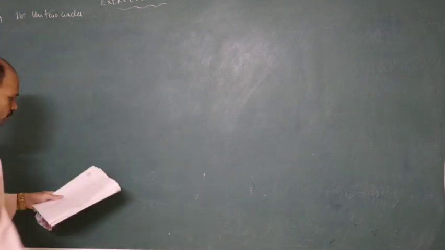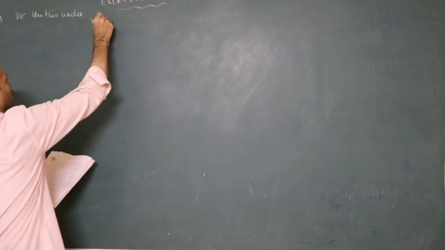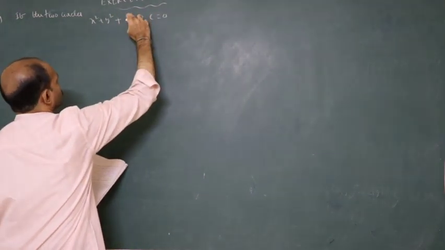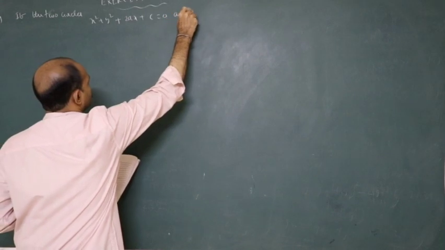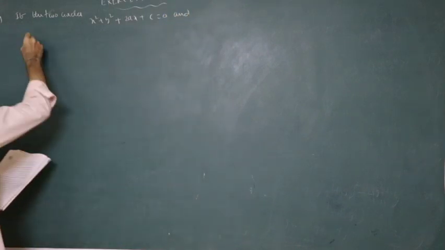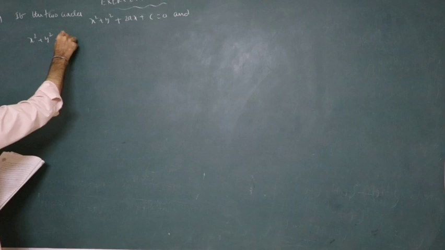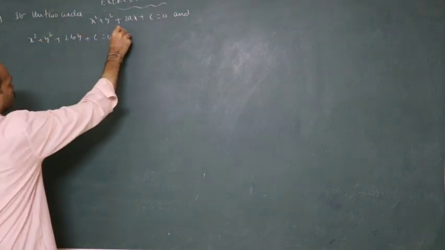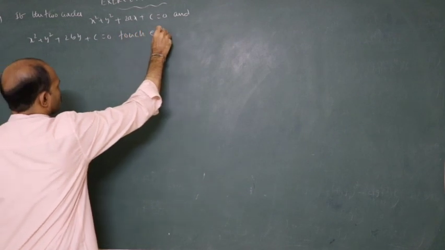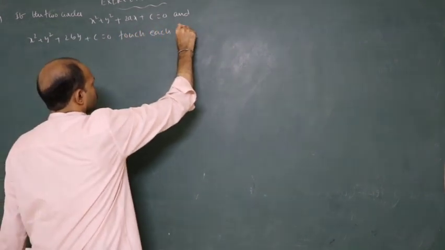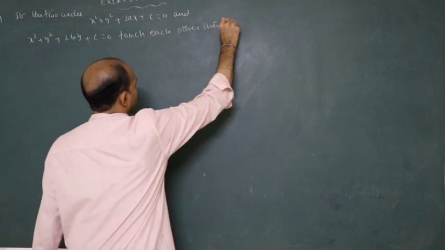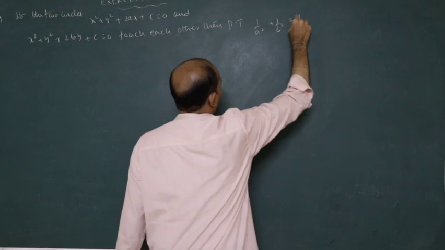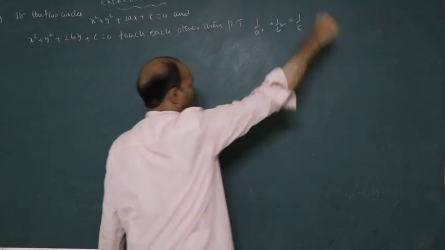If the two circles x square plus y square plus 2ax plus c is equal to 0 and another one, x square plus y square plus 2by plus c is equal to 0, touch each other, then prove that 1 by a square plus 1 by b square is equal to 1 by c.